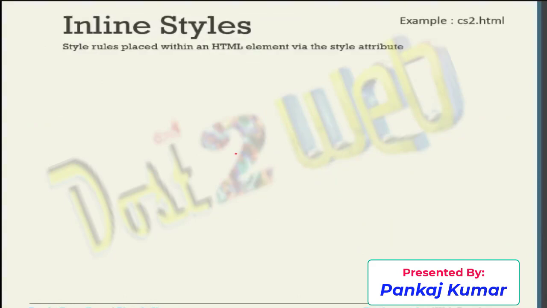The first one, as we have seen in the example, is the inline style. When we talk about the style rule, that means CSS. The style rules will be placed within the HTML element via the style attribute. That means in the same line you are going to represent the style rule.